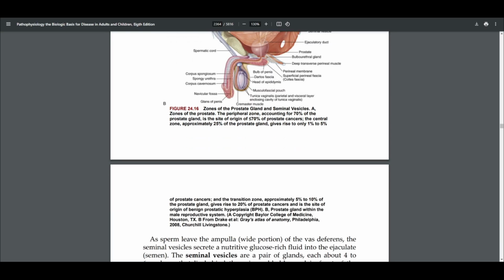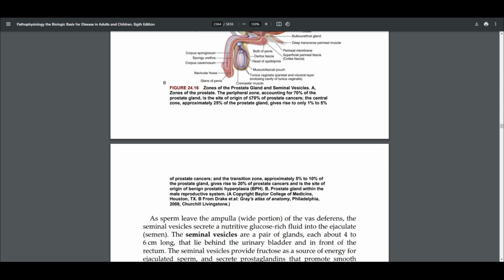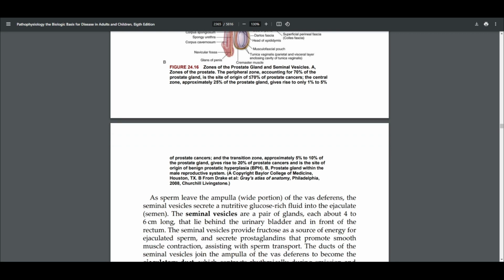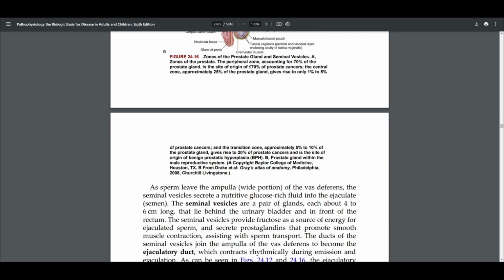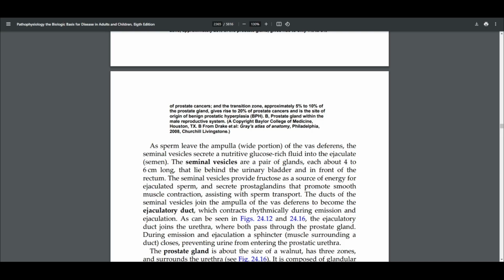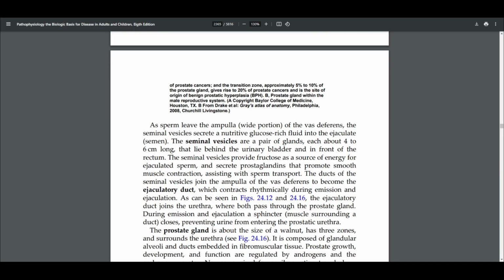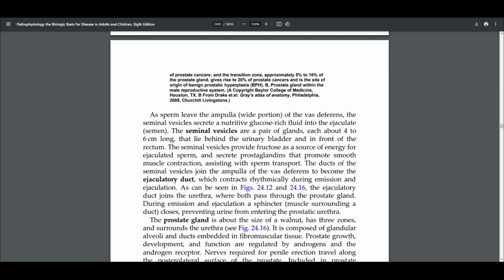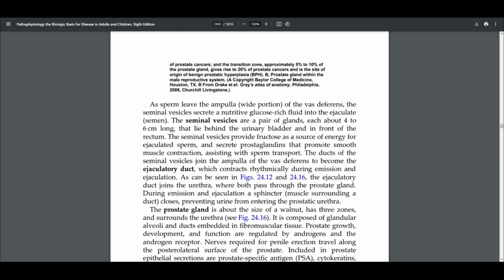As sperm leave the ampulla of the vas deferens, the seminal vesicles secrete a nutritive, glucose-rich fluid into the ejaculate. The seminal vesicles are a pair of glands, each about 4 to 6 centimeters long, that lie behind the urinary bladder and in front of the rectum. The seminal vesicles provide fructose as a source of energy for ejaculated sperm and secrete prostaglandins that promote smooth muscle contraction.